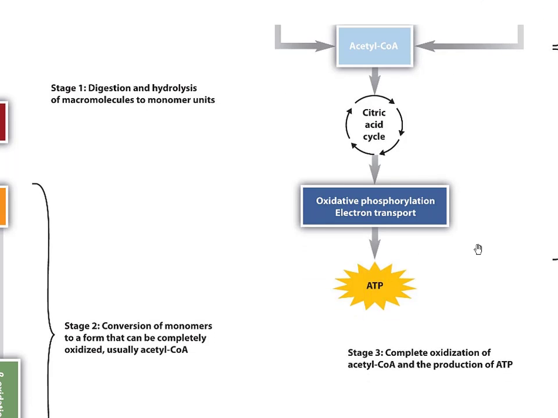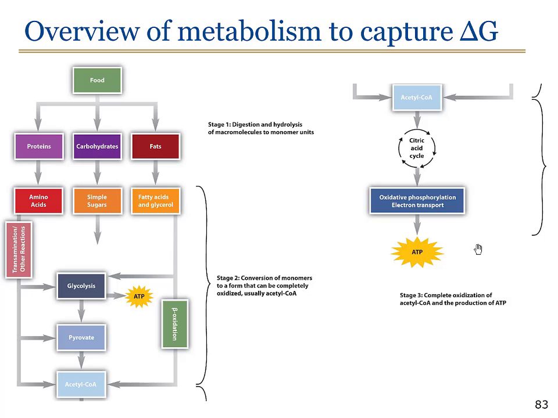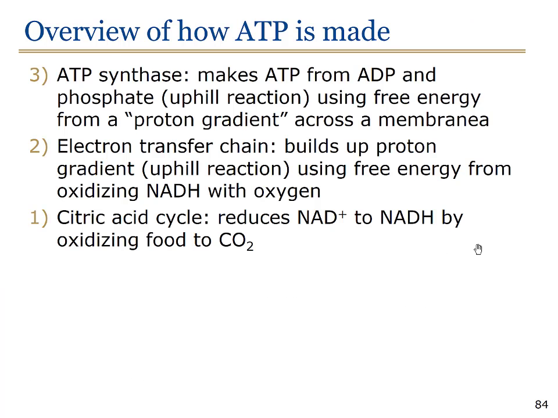Okay. I'm going to tell you this story backwards now. It's sort of, in order to do this, we have to do this, and by the way, then we also have to do this.